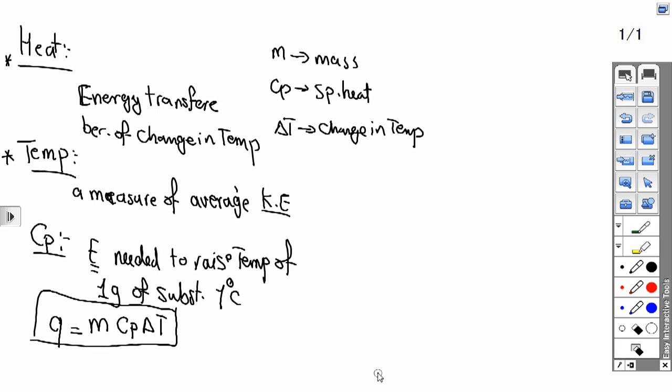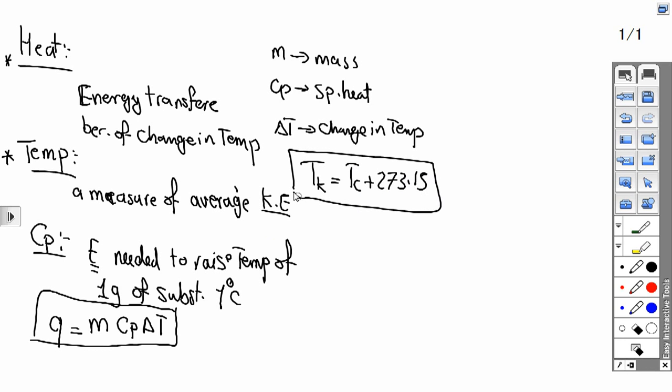The change in temperature in Kelvin is the same as the change in temperature in Celsius. The relation between Celsius and Kelvin is T Kelvin equals T Celsius plus 273.15.